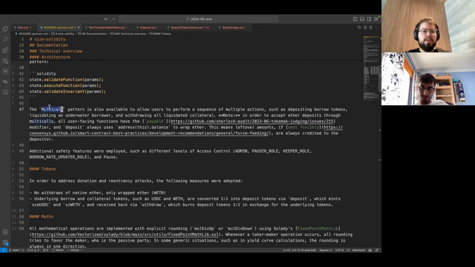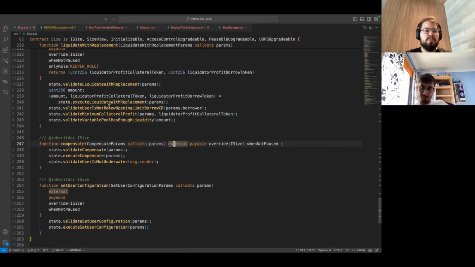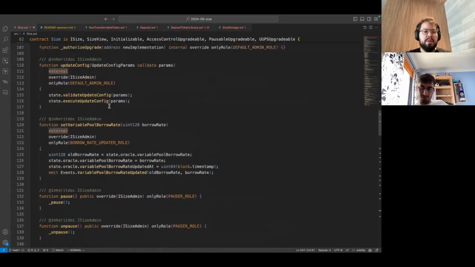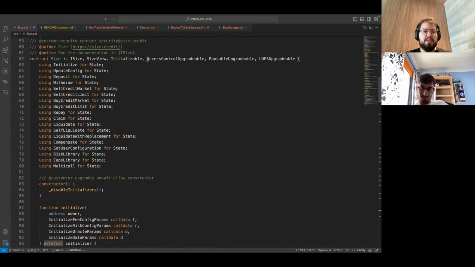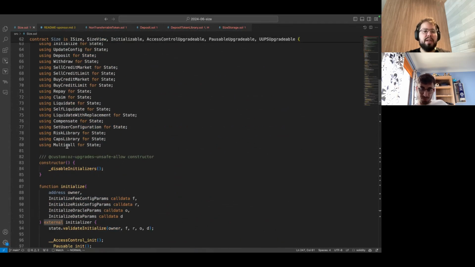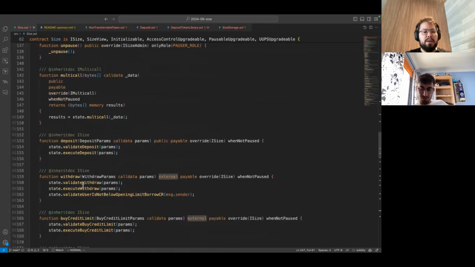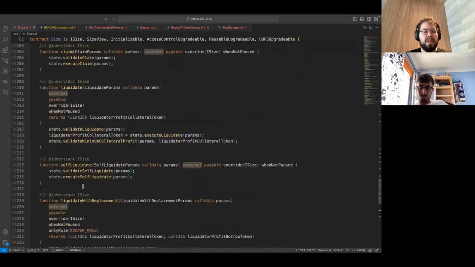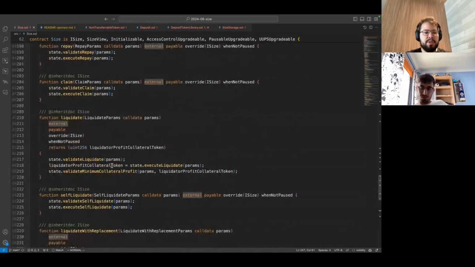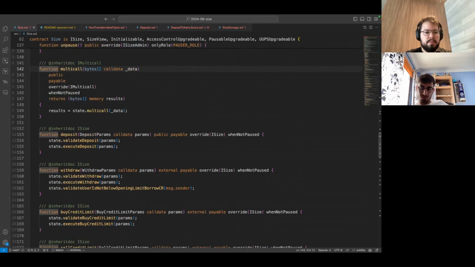Another pattern that we used was multicall. You are probably familiar with it in other protocols, but the point is that we have a multicall function that will execute a batch of transactions. So basically you encode all the data that you want. For example, as I mentioned, for repay, you first need to deposit.